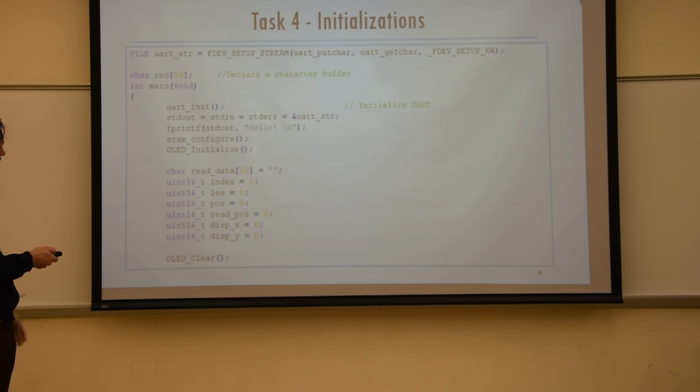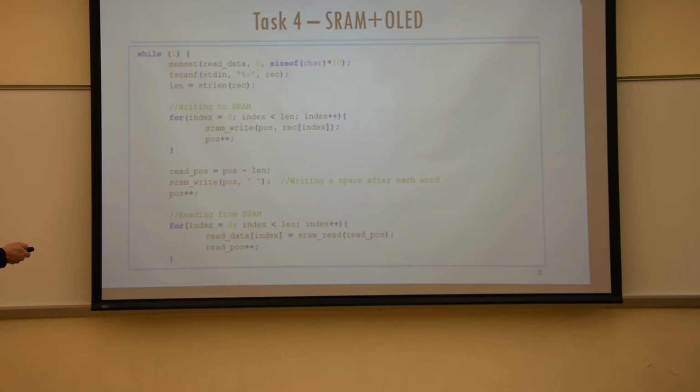And you will do it in your own style, of course. And then you have your initializations in the main program: OLED initialize, the SRAM configure, because you want to use both. And you start to work with both the SRAM and your OLED.